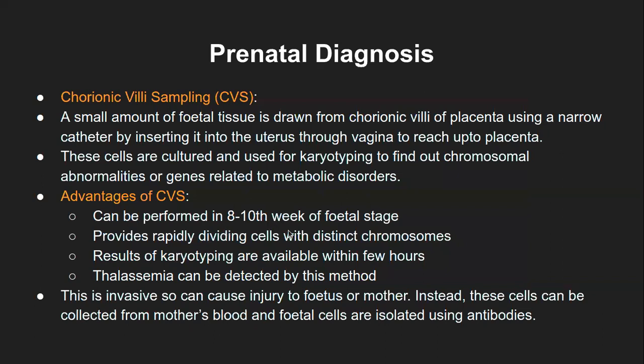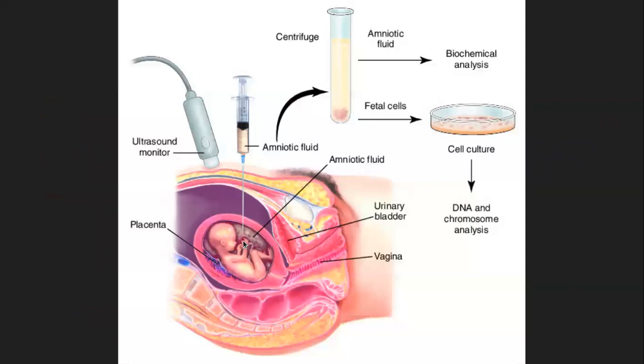Also, another point, which is rather an advantage for CVS and a disadvantage for amniocentesis. In this case, you are taking out the amniotic fluid, which may have very few cells, right? And they may or may not always be viable.